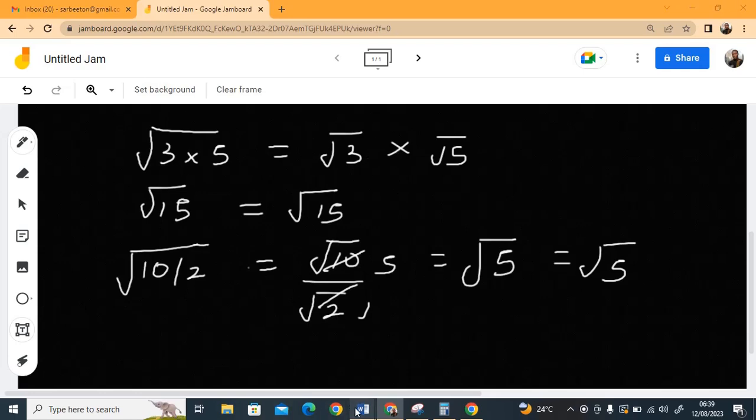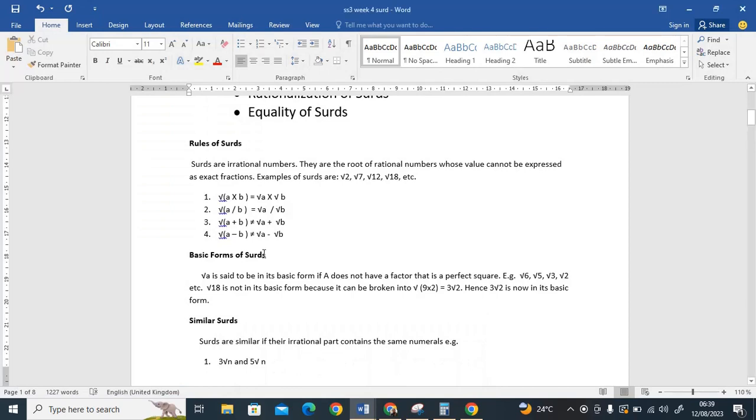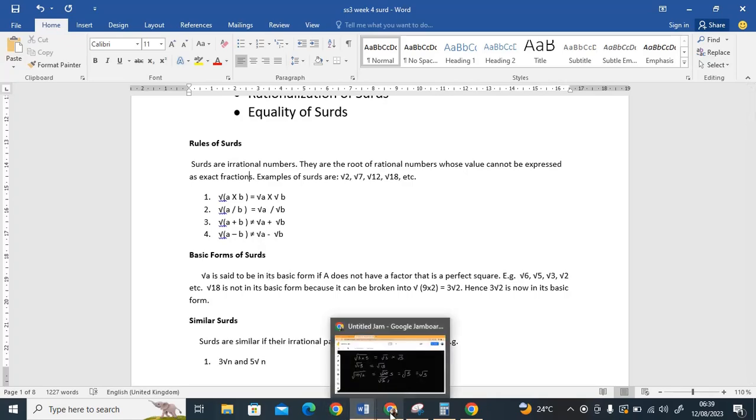Now which ones are not equal? If it is plus or minus, they are not equal. What I said earlier is the same rule I'm saying now.